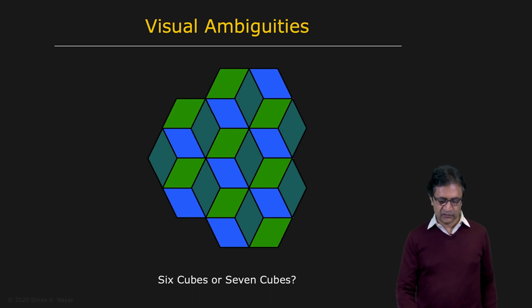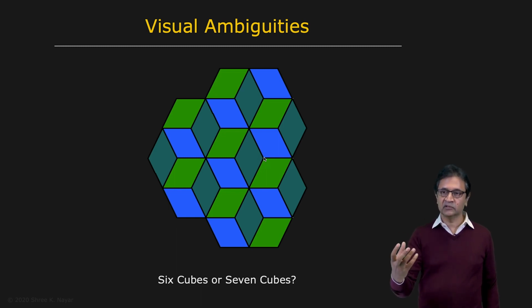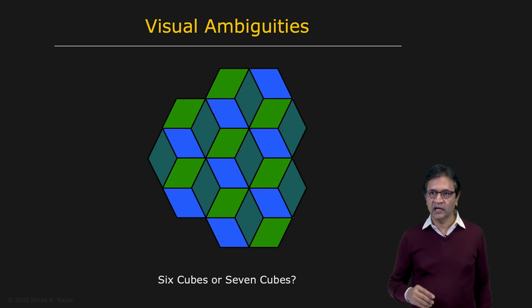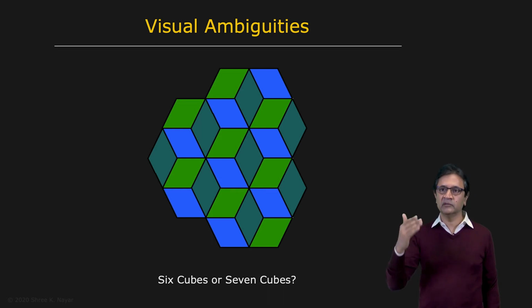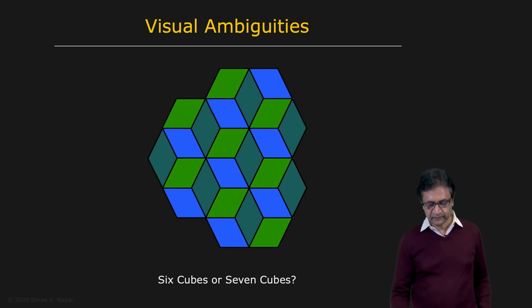In this particular case, if you look at a vertex right here, and if you stare at this vertex, you'll see that at times it looks like a cube that is popping out and sometimes jutting in, so concave or convex. And depending on which interpretation your mind latches onto, you either see 6 cubes or 7 cubes. And in fact, if you keep staring at it, this interpretation can flip over time. Both are equally likely because it's an ambiguity.